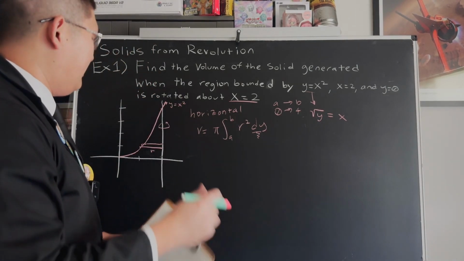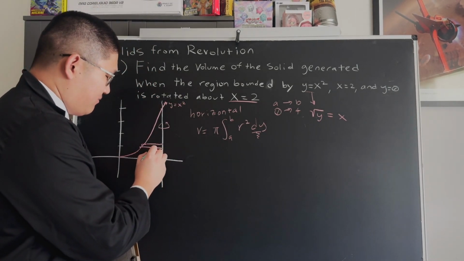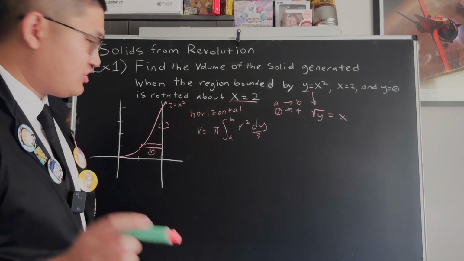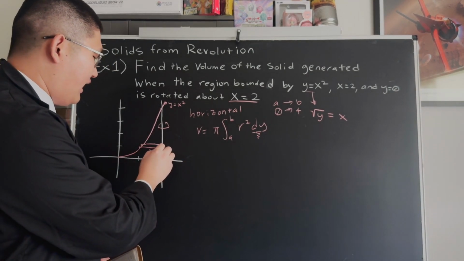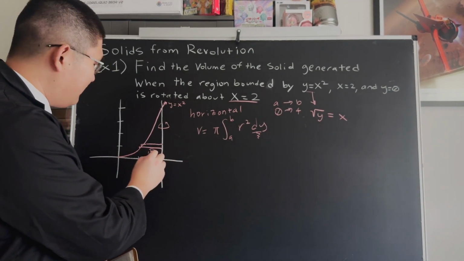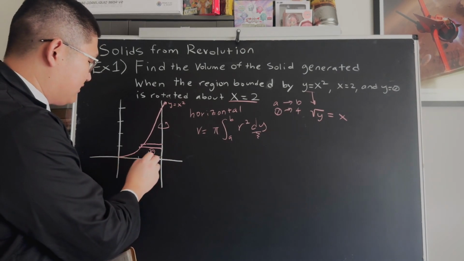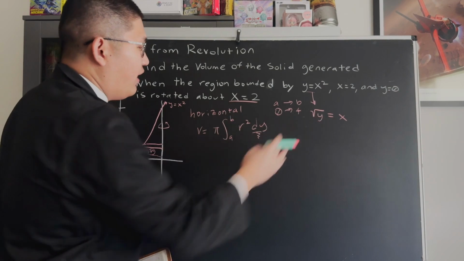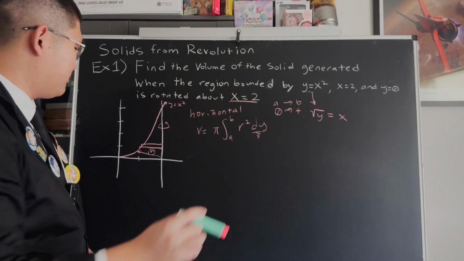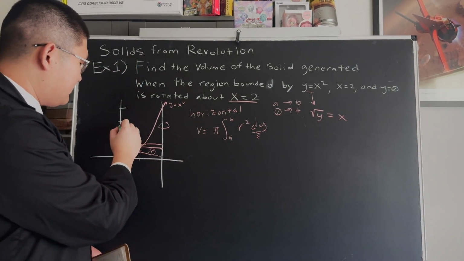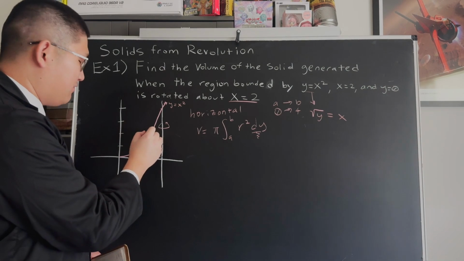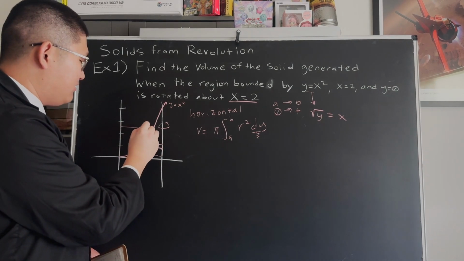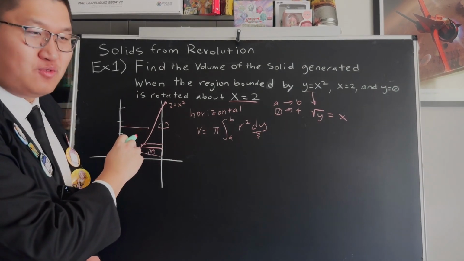Not only that, the radius we mentioned is actually the distance between the x equals 2 line all the way to where the function is. So we can't just call the square root of y the actual radius, because the square root of y is the distance between the axis and that function. That is not useful to us.